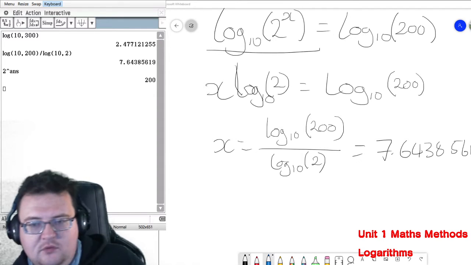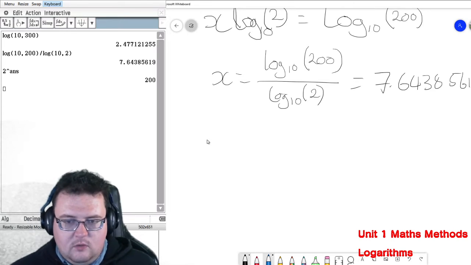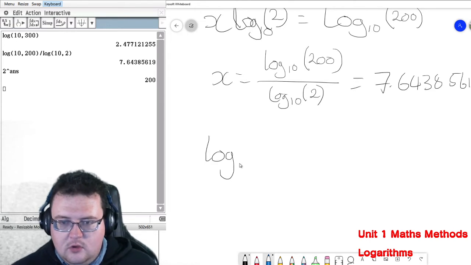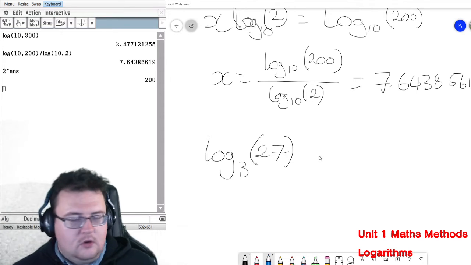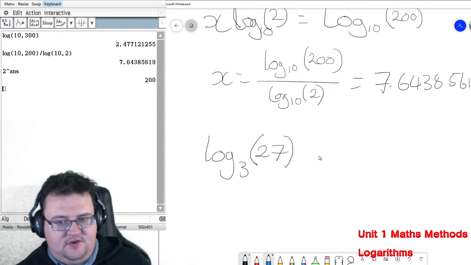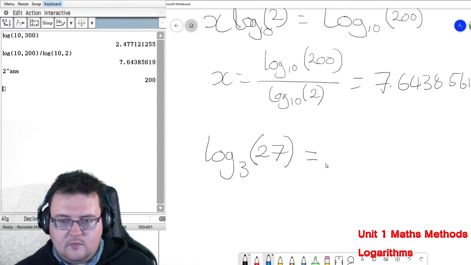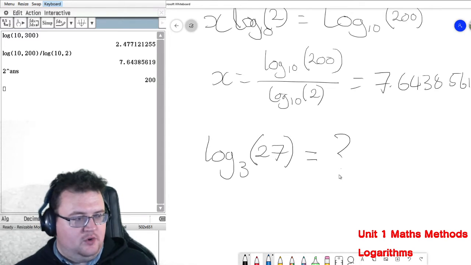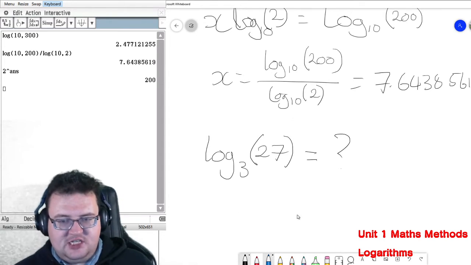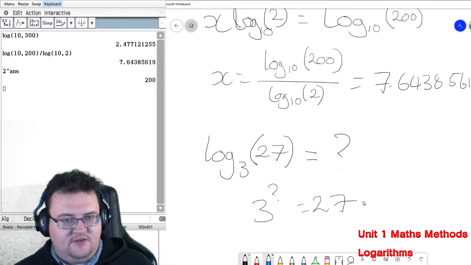So for example, I could talk about log 3 of 27, question mark. I could do it like that. So this question is asking 3 to the power of what equals 27.